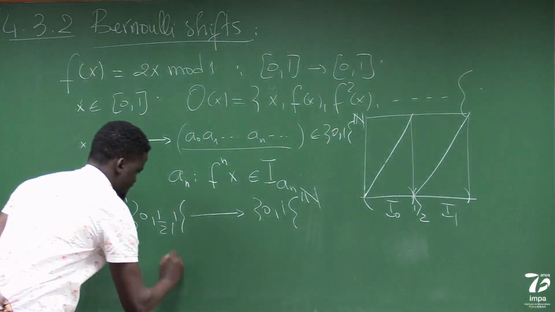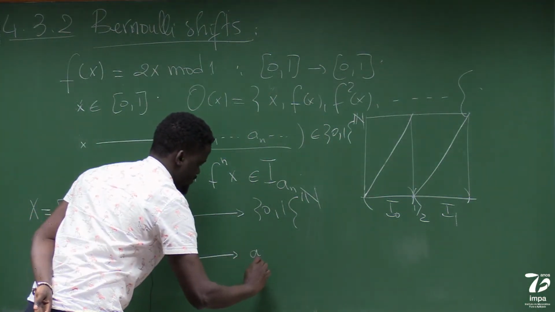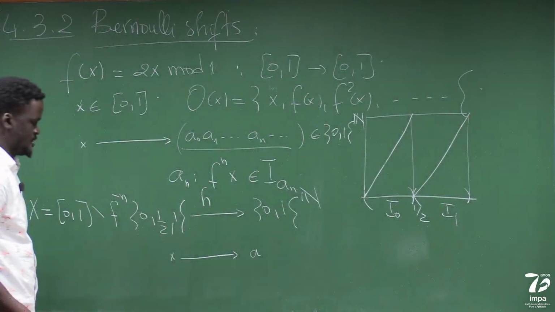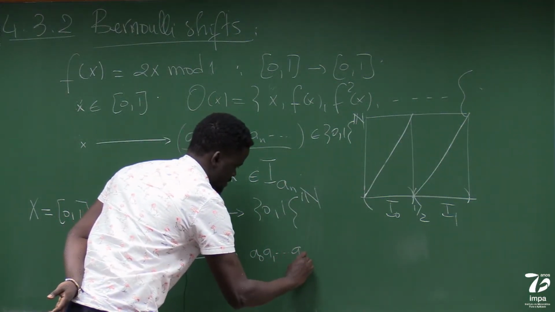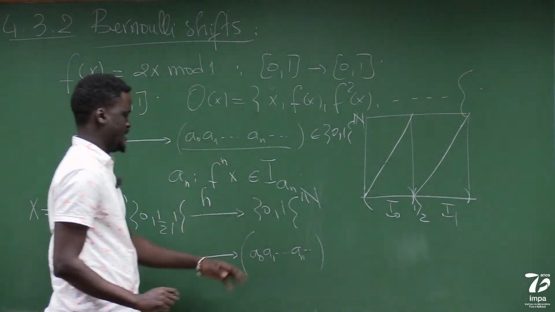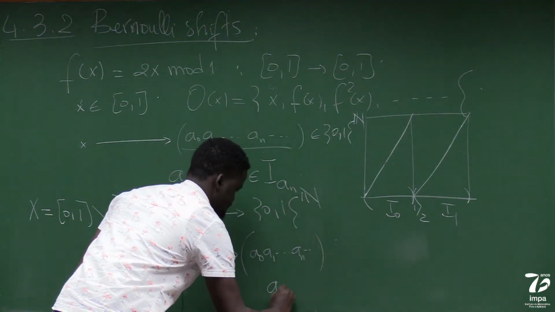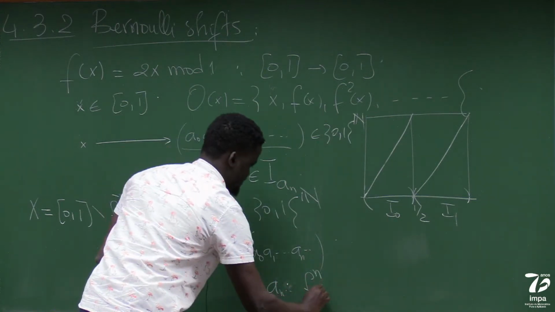So x is given by a; let's call this map H. It takes x to a0, a1, ..., an, and so on, where a_n is such that f^n(x) is in I_{a_n}.